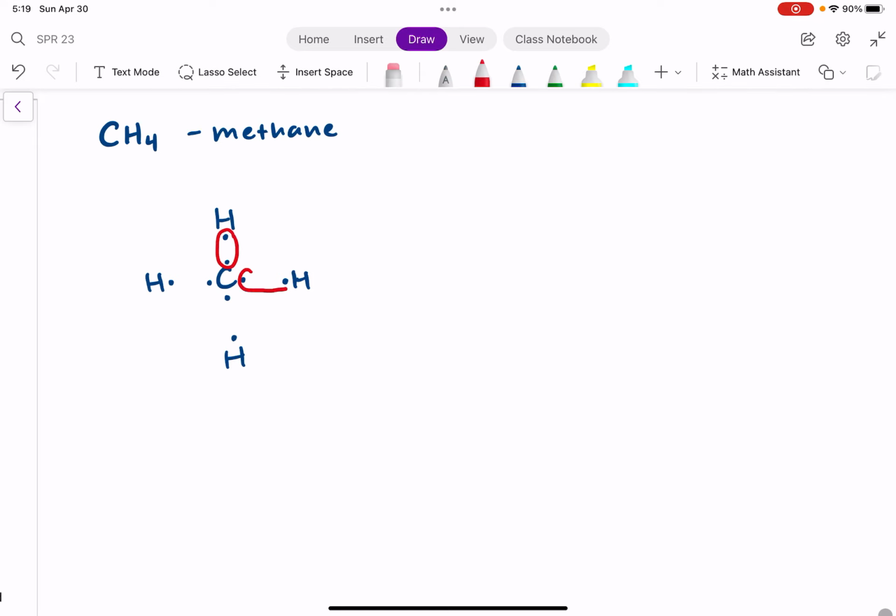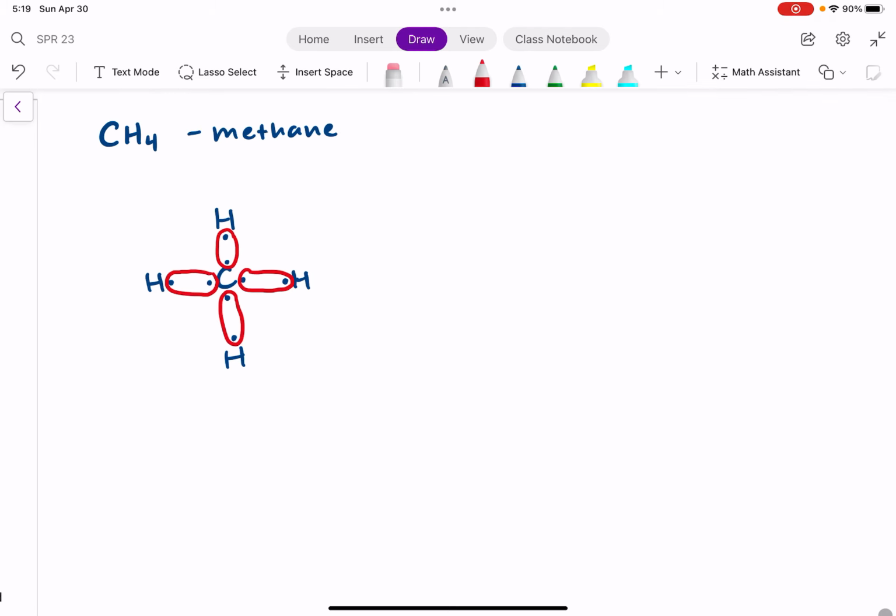And they're going to say, you know what, let's just share and then we'll all be happy. We'll all have our full valence shells. For carbon, that means an octet. For hydrogen, that means 2 electrons. Right? So now if you look at each of these atoms, you can see that each one has a full valence shell because they're sharing those electrons.